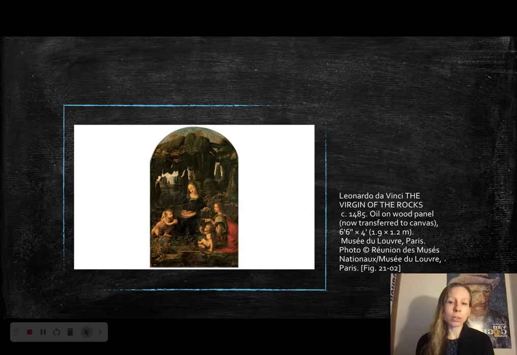So back to the iconography. The ambiguity in Leonardo's work reflects his preference for psychological complexity over simple religious symbolism. Simple religious symbolism was meant for people to be able to read the painting quite easily.